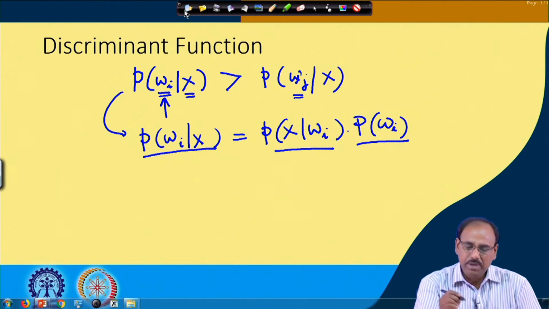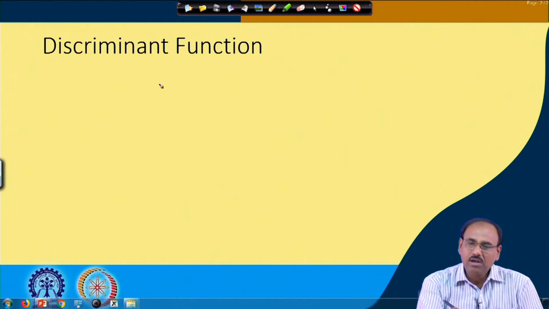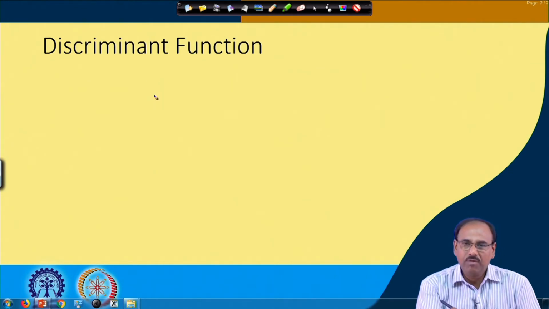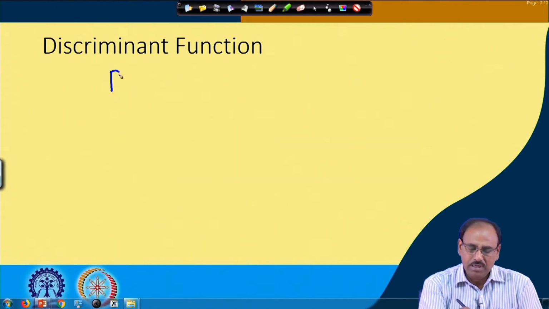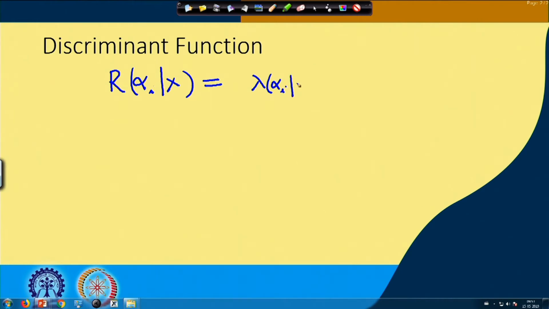Then for Bayes minimum risk classification, what we said is that for an unknown feature vector x, if we take an action alpha i, then the risk involved is given by R of alpha i given x, which is nothing but the summation over all classes omega j of lambda of alpha i given omega j into P of omega j given x.